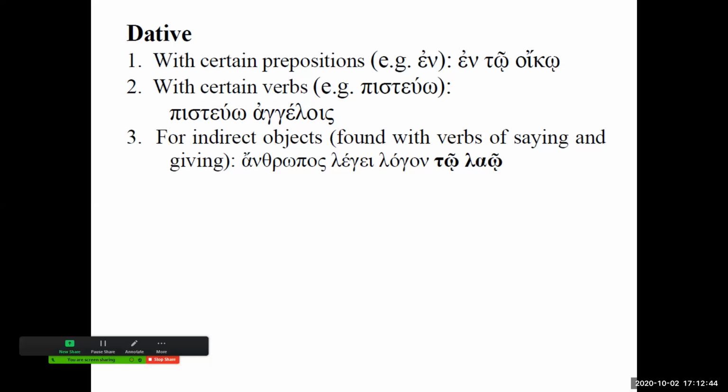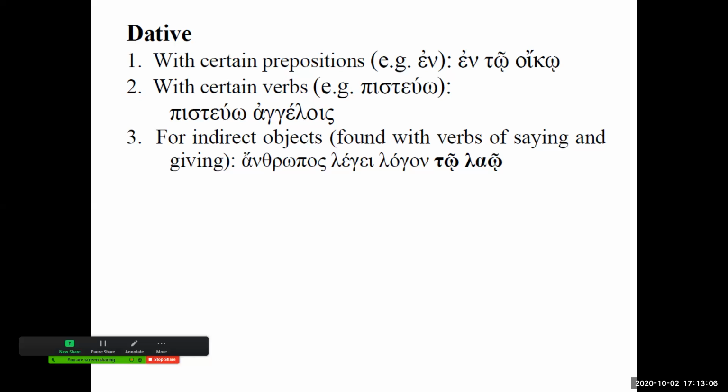And with verbs of saying or giving especially, we often have indirect objects. Anthropos legei logon tō laō. Indirect object is indicated by the dative case. A man is speaking a word to the people.